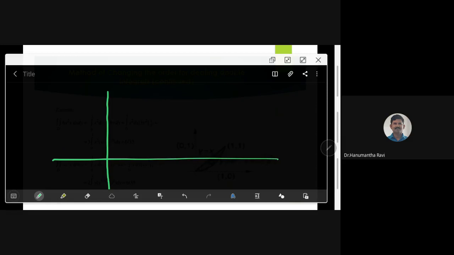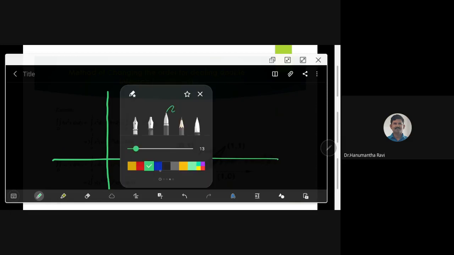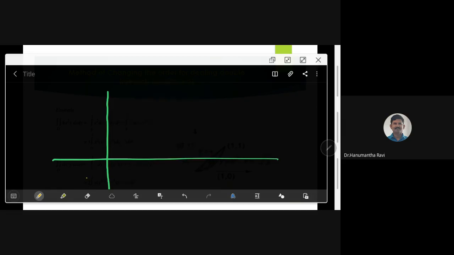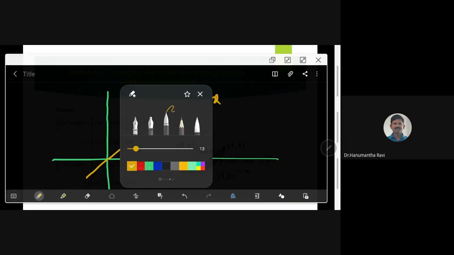We have y is equal to x. This is our y is equal to x graph. And there is a parabola. For the parabola, we take one more color, then you can understand easily.